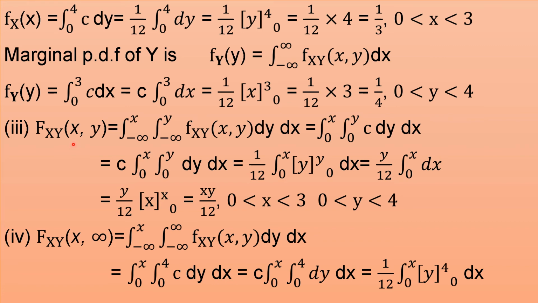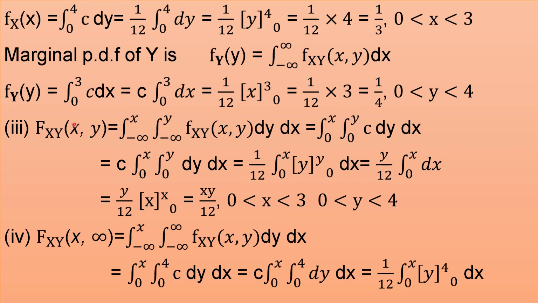Then the joint CDF, fxy of x comma y. The formula is actually integral from minus infinity to x, integral from minus infinity to this particular y value. In case of a continuous bivariate random variable, for a joint CDF, this is the formula.